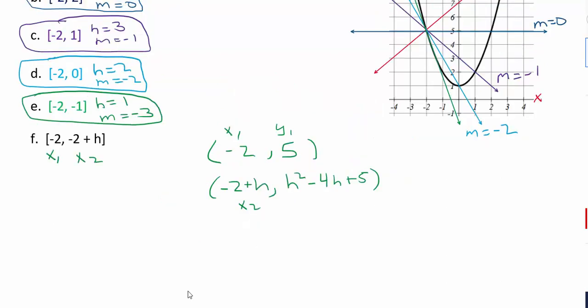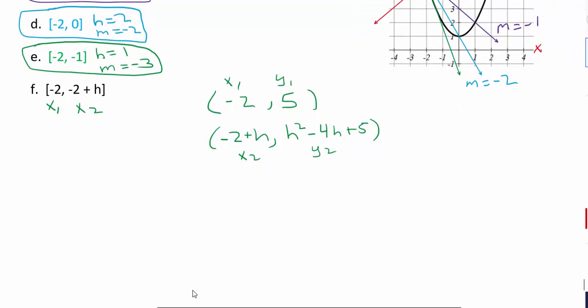So we plugged in our two x values and we got our two y values, and this time it just happens to include an algebraic expression rather than a number. But we can still find the average rate of change over this interval, which I denote as m, or the slope, by doing y2 minus y1 over x2 minus x1. And again, I'm using m to represent the slope.